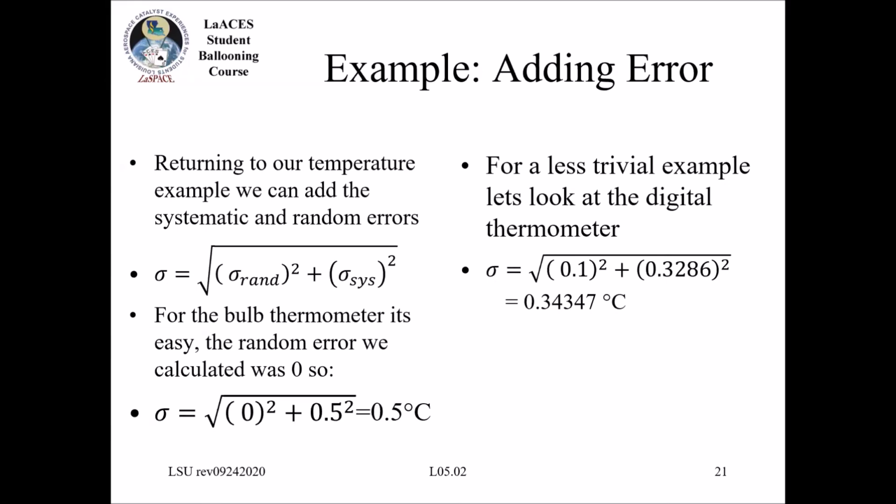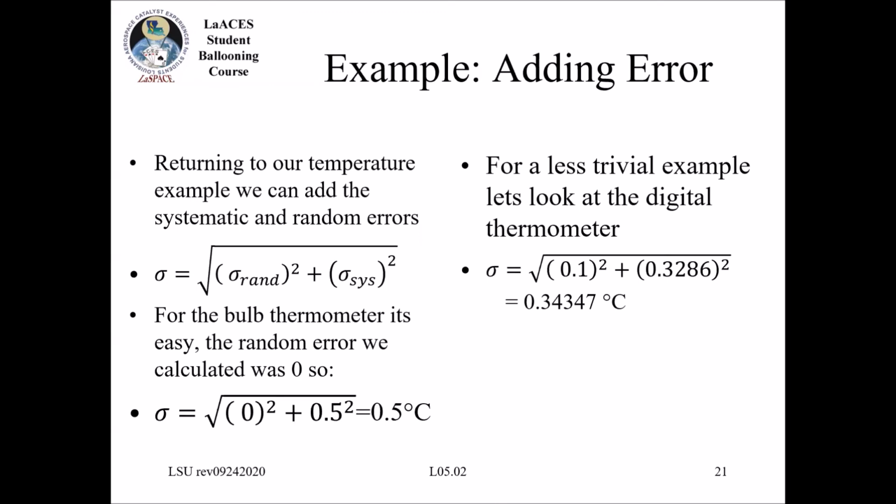For a less trivial example, you can look at the digital thermometer, and in that case, we assume it goes down to 0.1 degree. Let's assume that's the systematic error. A better method would be to look at, for example, the manual that came with it, see if there's a specified error there.